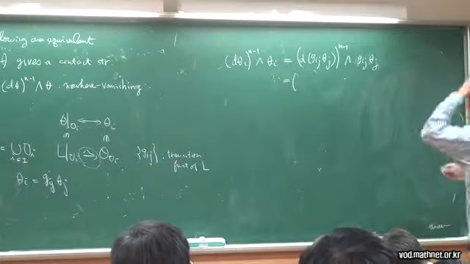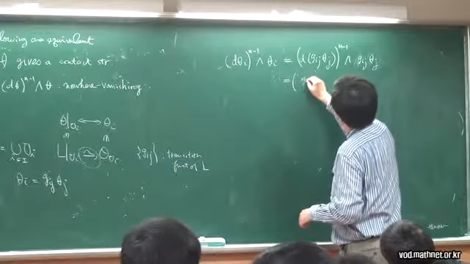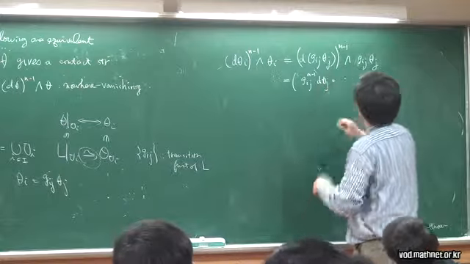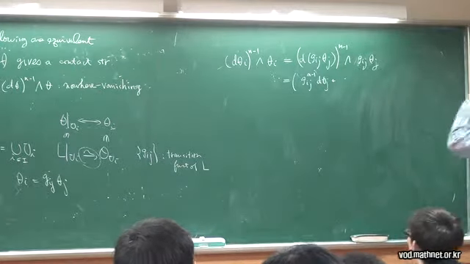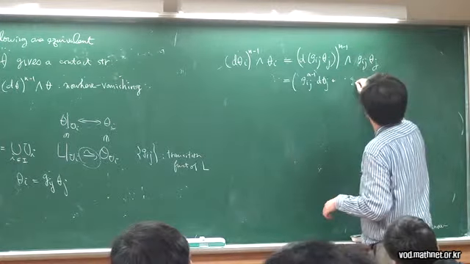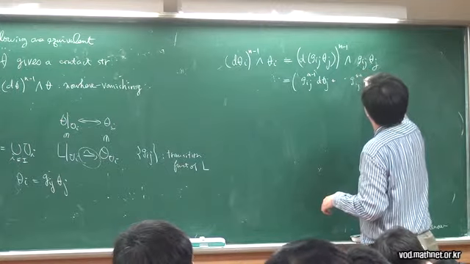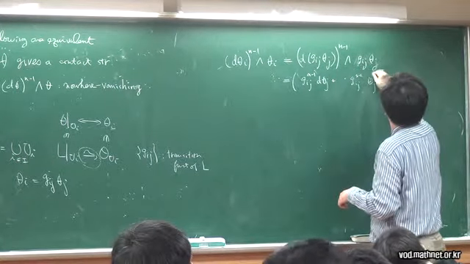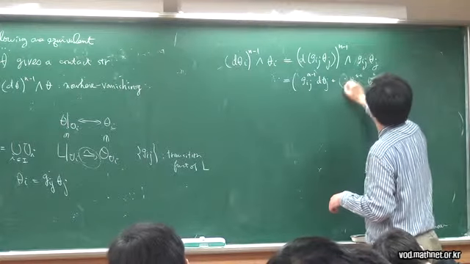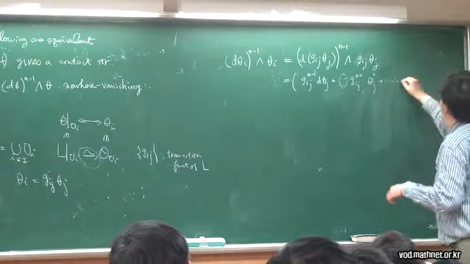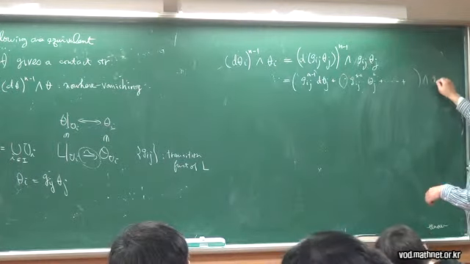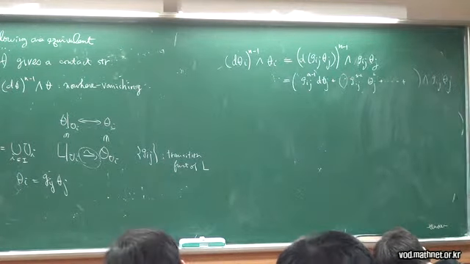And this is nothing but (n minus 1) g_ij d theta_j and g_ij to the n minus 2, dg_ij theta_j and something and something, and g_ij theta_j.